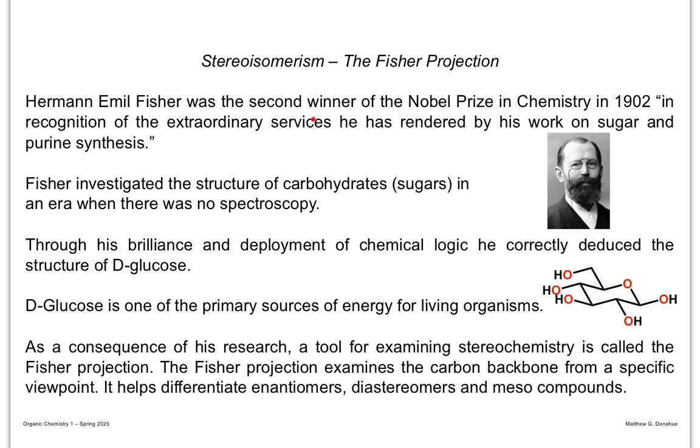So Fischer won the second Nobel Prize in chemistry in 1902. In recognition for extraordinary services he has rendered in his work on sugars and purine synthesis. So that's stuff that we cover in Organic 2 with biomolecules. So sugars are basically carbohydrates, and Fischer was the first person to figure out what the structure of glucose was.